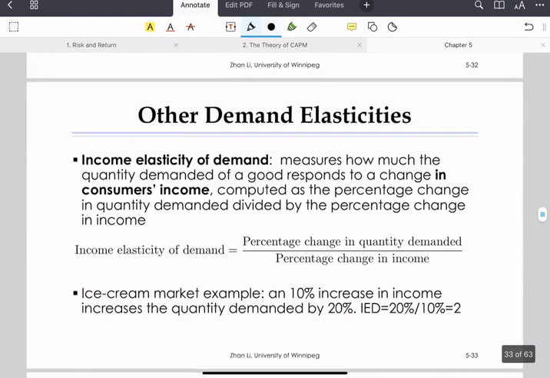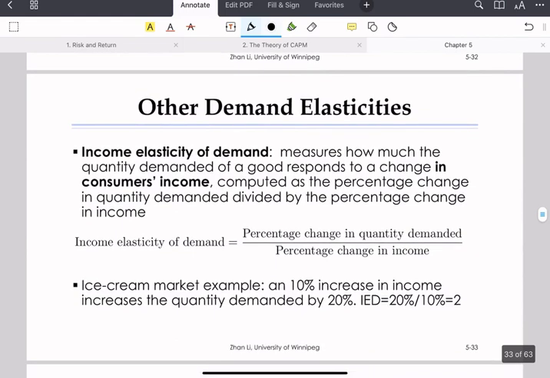Okay, let's learn about several other demand elasticities. In the first part of this lecture, we focused on price elasticity of demand. We could also talk about income elasticity of demand. Here we focus on how income affects demand.